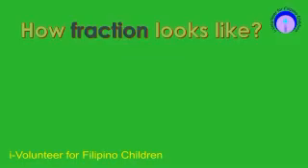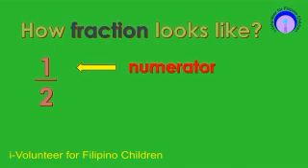How does a fraction look like? From our previous example, 1/2 looks like this. The number above the line is called numerator. Again, numerator. How about the number below the bar?